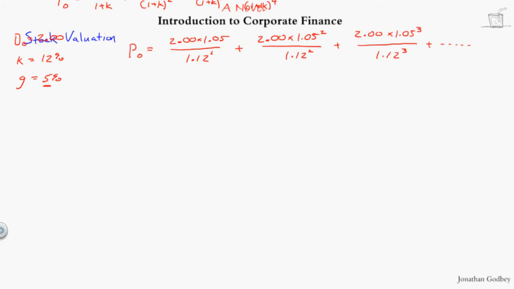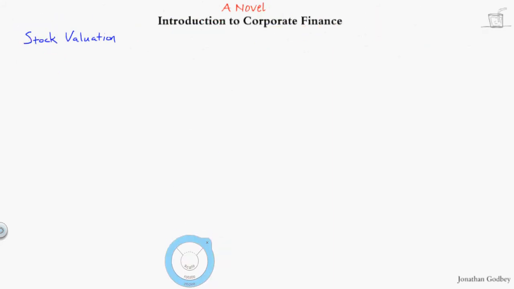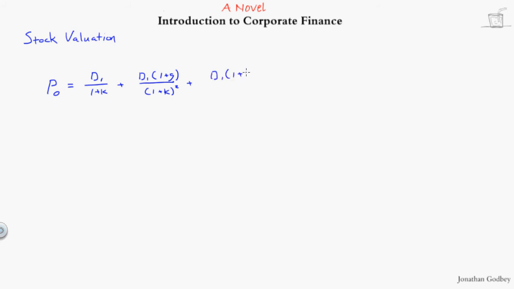I can say the price of a stock today is equal to D1 over 1 plus K, plus D1 times 1 plus G over 1 plus K squared, plus D1 times 1 plus G squared over 1 plus K cubed. This continues to go forever.